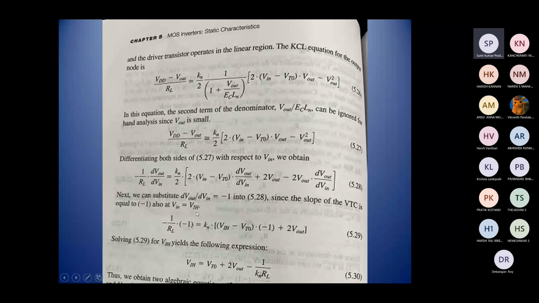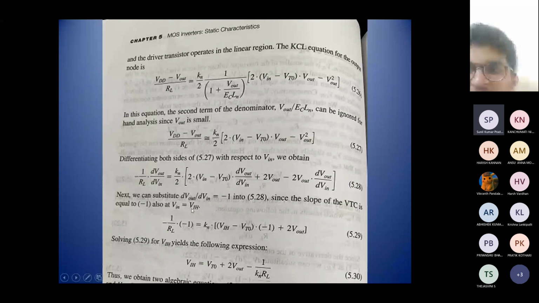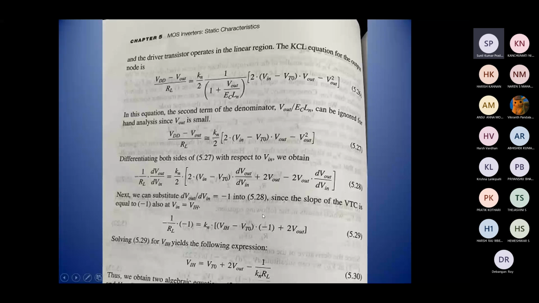So dVout by dVin is equal to minus 1 at input high voltage, and finally you get this equation. Now if you solve this equation, finally we get input high voltage is equal to threshold voltage VT0 plus 2 Vout minus 1 divided by Kn RL.